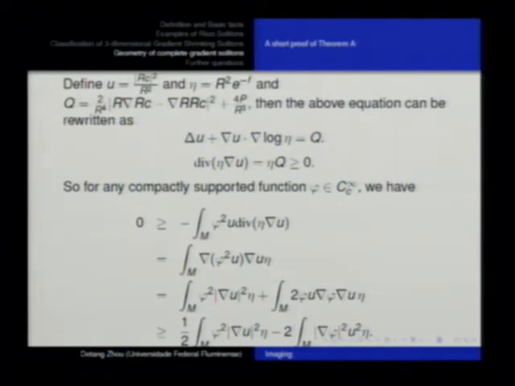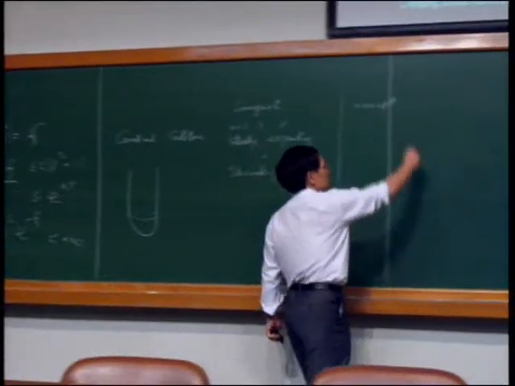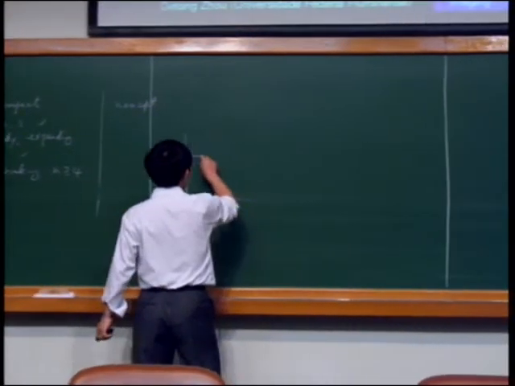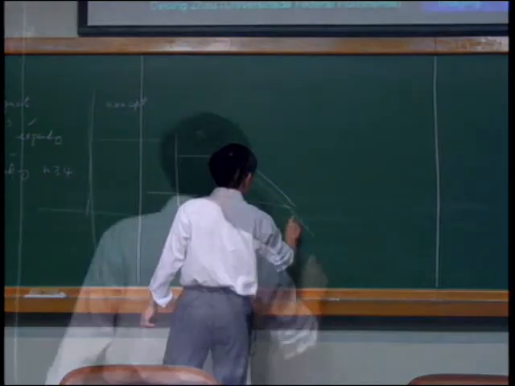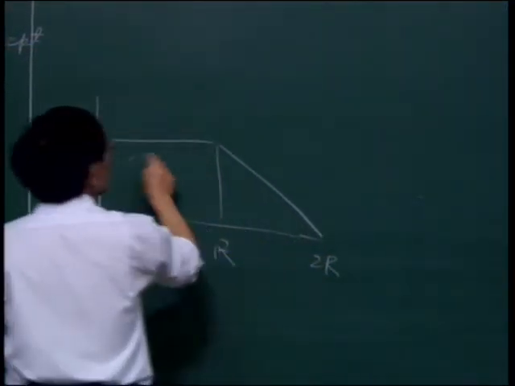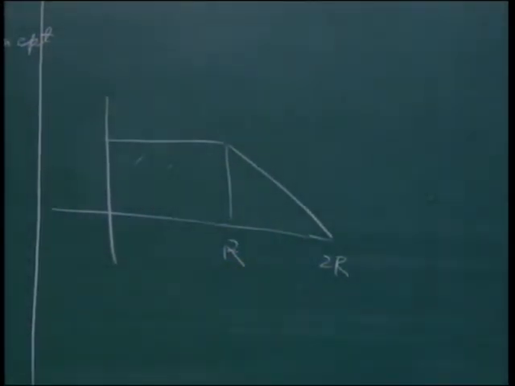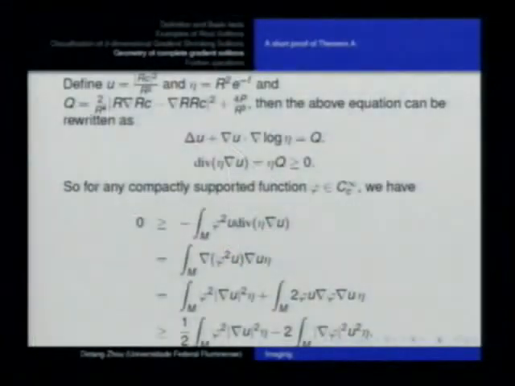So if you choose rho like this kind of function, when you increase R, you will increase this term, which is less than or equal to this term.